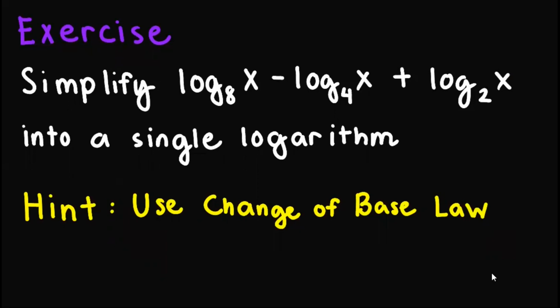So as a hint, you might want to try and apply the change of base law. So it's the fourth law. As you can observe, the bases of the logarithm out here are all different. So take note of that one.